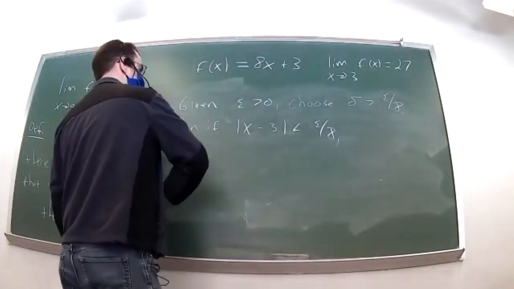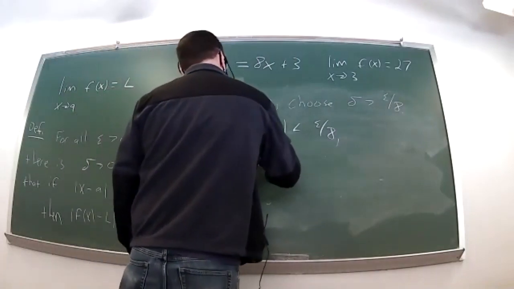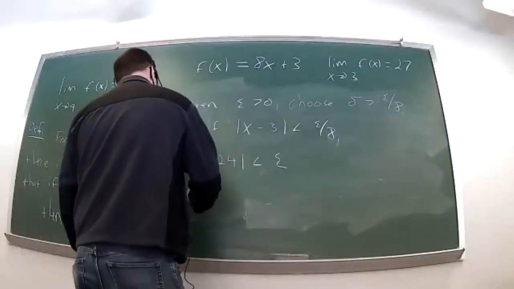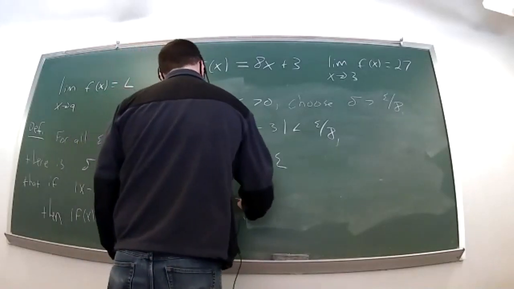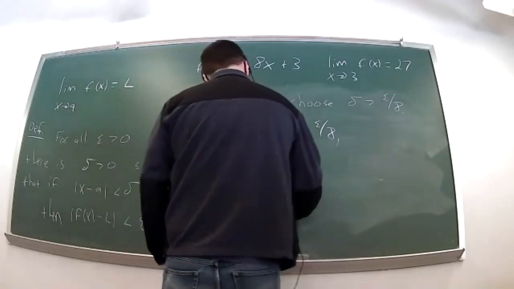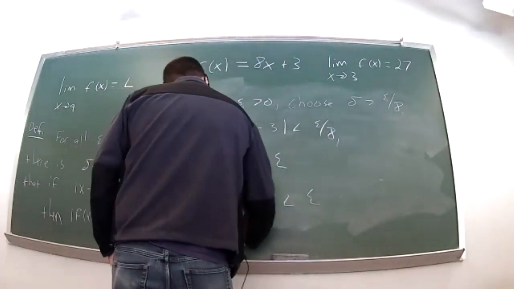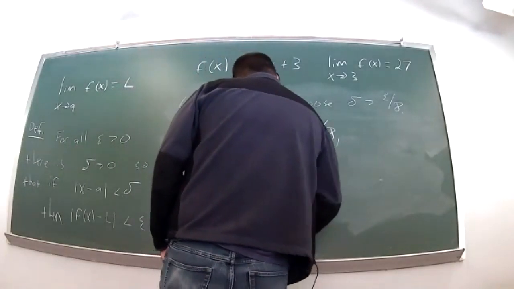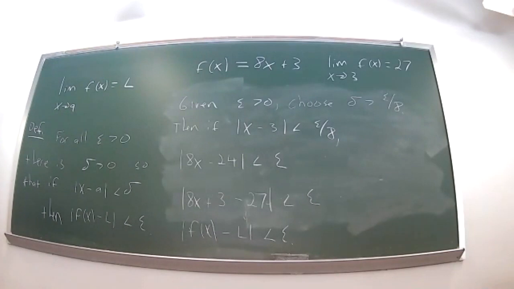You multiply both sides by 8 to get 8x minus 24 is less than epsilon, and then you'll say 8x plus 3 minus 27 is less than epsilon, which is the same thing, of course, as saying f of x minus L is less than epsilon. So this is how the formal reasoning matches our intuition.